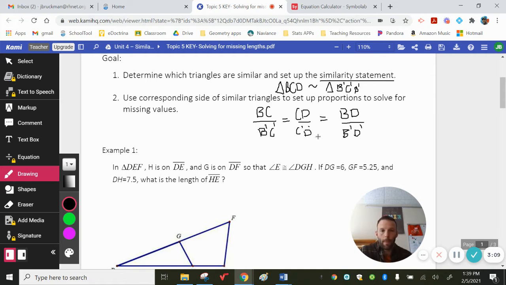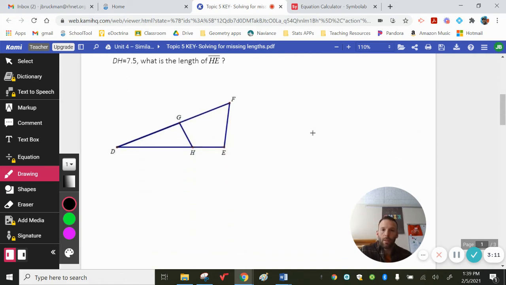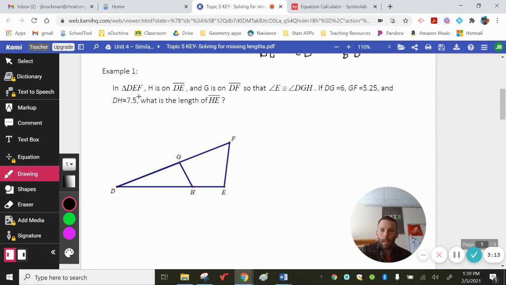And I can use this proportion now to find missing values should I need to, like I'll show you in example 1 right here. Okay, so in this question, we have the triangle DEF, where the point H is on the segment DE and G is on the segment DF, so that the measure of angle E, this angle E right here, is congruent to angle DGH right here. Now, it doesn't tell you that anything has happened.